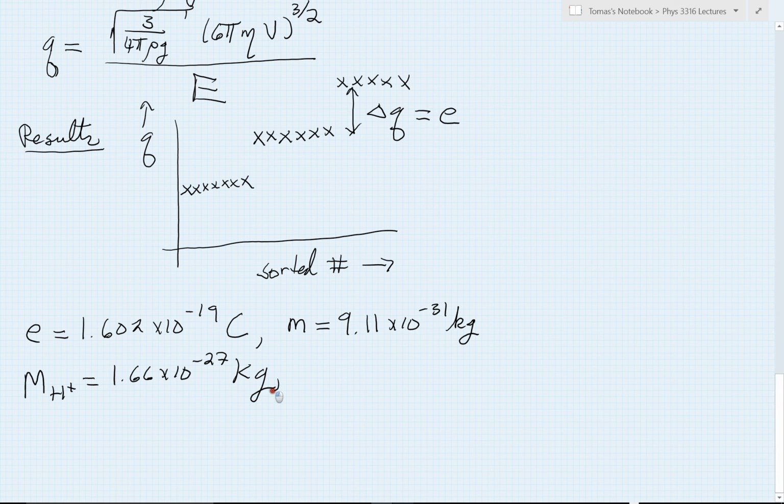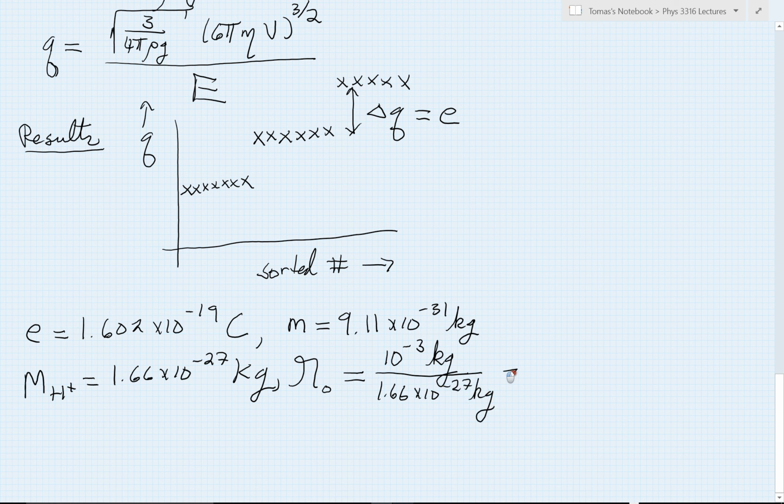And another key way to express that concept is now we know how many atoms are in a mole, right? Remember Avogadro's number, script N sub naught, the number of atoms in a mole is equal to the number of hydrogen atoms in 1 gram. So here's 1 gram mass, and I divide it by the mass of each individual proton, which is 1.66 times 10 to the minus 27 kilograms.